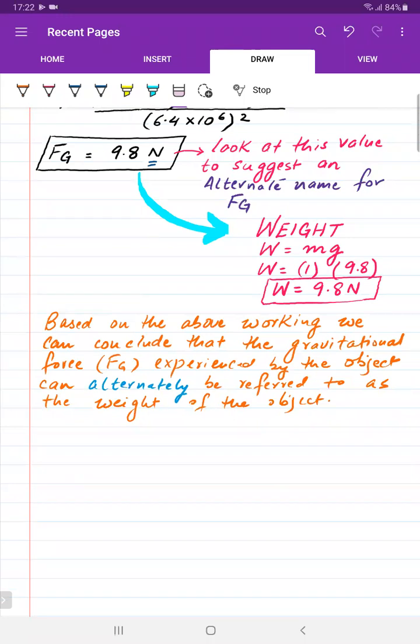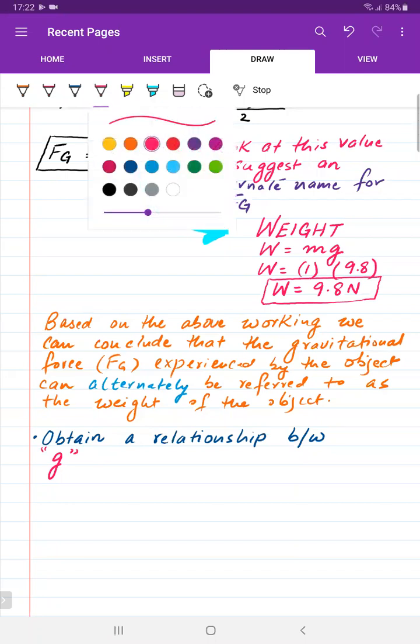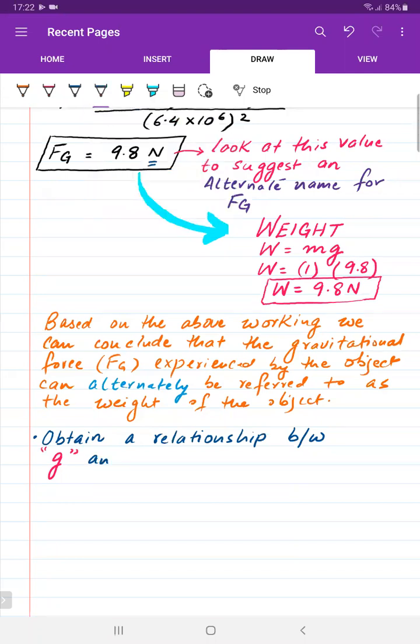So इसकी basis पर I'm sure you would agree, if you are asked to obtain a relationship between small g and capital G.